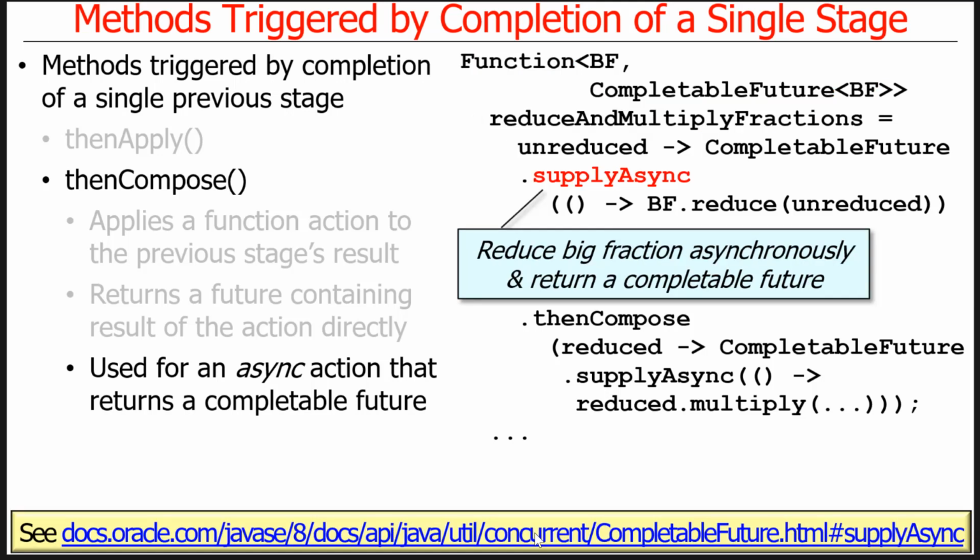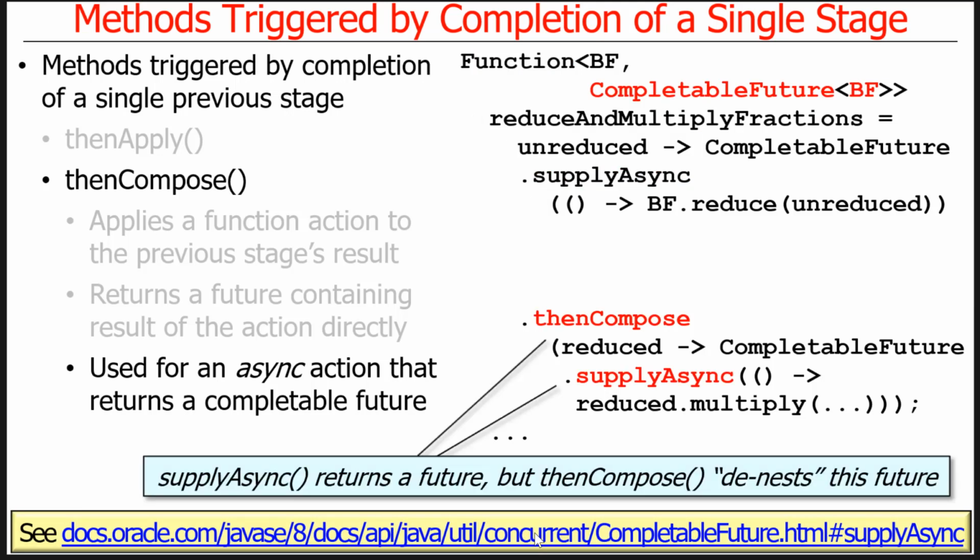Then what we're going to do is we're going to compose the results of this so that thenCompose is called when the computation provided to supplyAsync completes. So this thing is going to complete, obviously, when we reduce the big fraction, in which case thenCompose is going to be called. And look what thenCompose does. thenCompose itself is going to call supplyAsync.